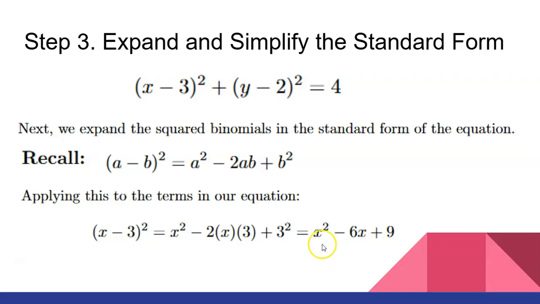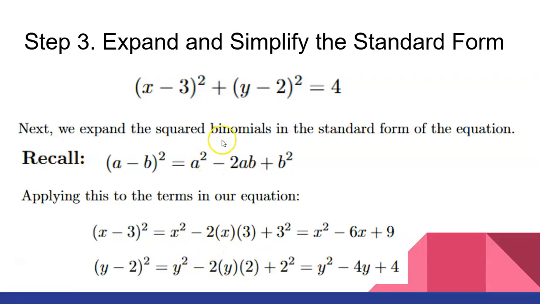Everything is equal to x squared negative 6x, because 2 times 3 is 6, plus 9, because 3 squared is 9. So again, x minus 3 squared is just equal to x squared negative 6x positive 9.